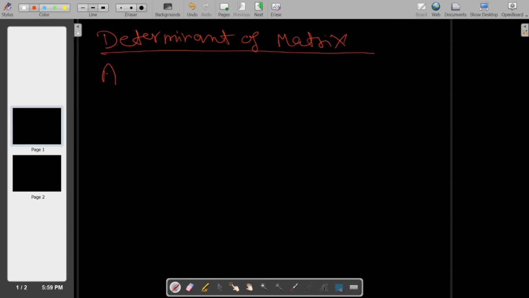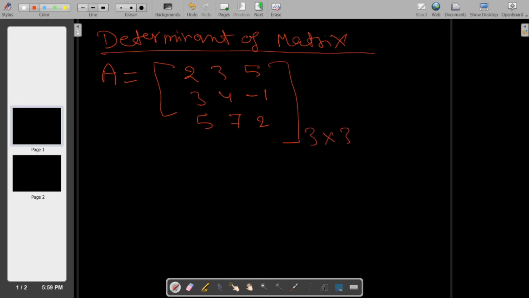So let's suppose we have a matrix A which is 2, 3, 5, 3, 4, -1, 5, 7, 2. The size of this matrix is 3 cross 3. Before that, let's see what the determinant of a matrix of size 2 by 2 is. Let's take this one: 2, 1, 2, 3.